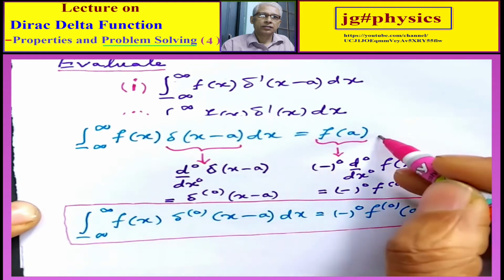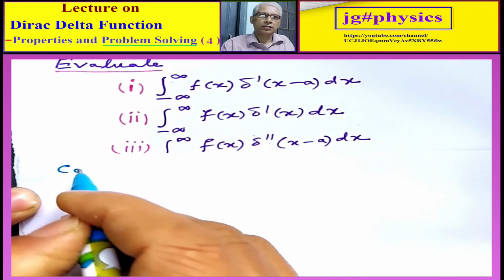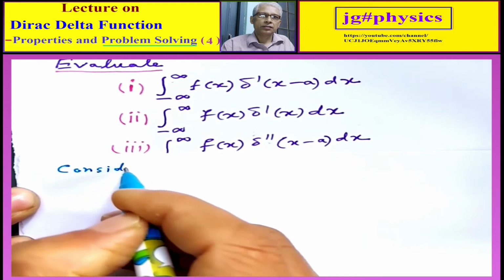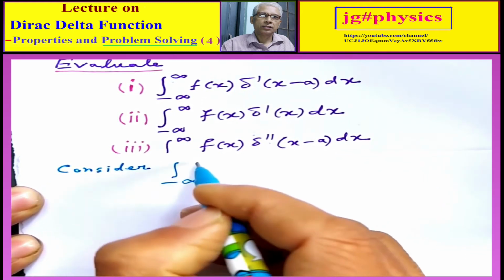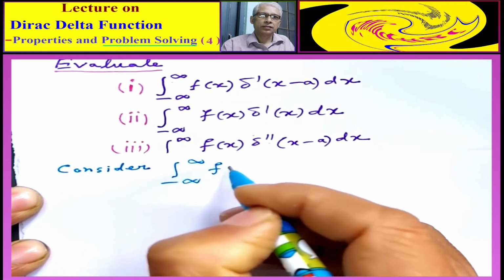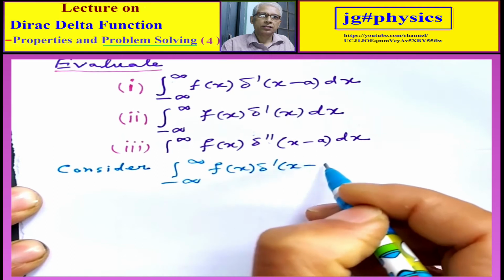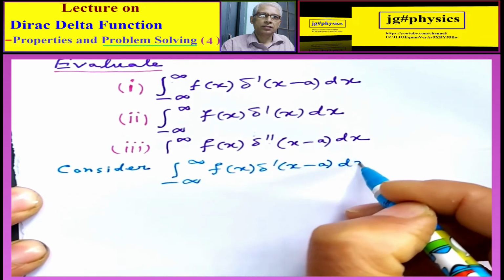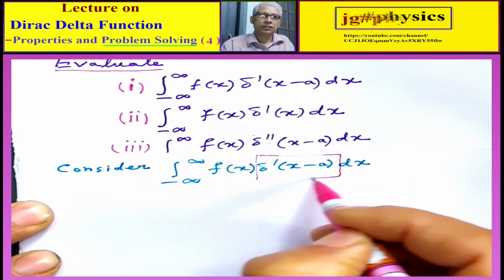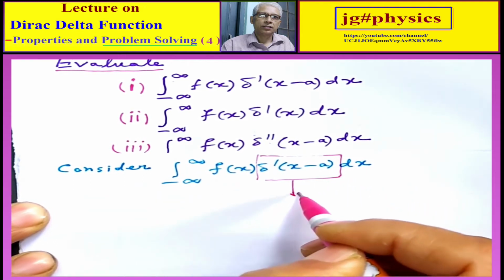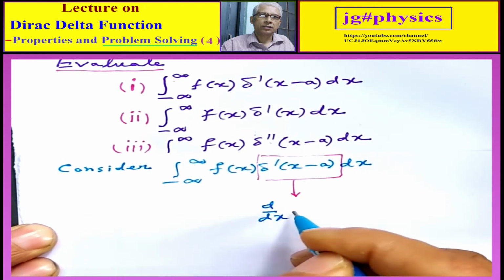We now move over to the sums that we have decided to do. Let us consider the relation given in 1. Now delta prime x minus a is actually ddx of Dirac delta of x minus a.